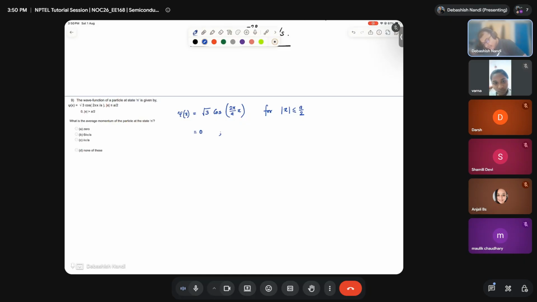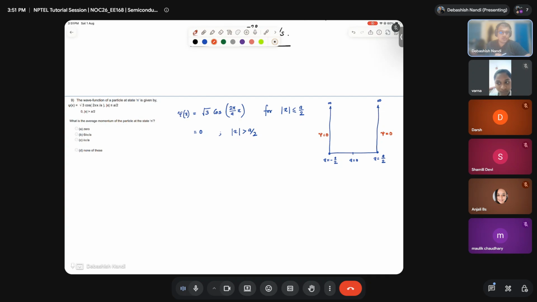So again, it means that I have an infinite potential well, and this is my x equal to 0. This is x equal to minus a by 2. This is x equal to a by 2. Fine. And in these locations, it is mentioned that psi is 0. Fine. Then what is the average momentum of the particle at state n?